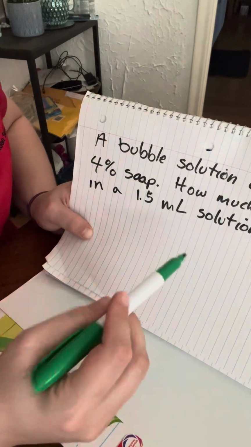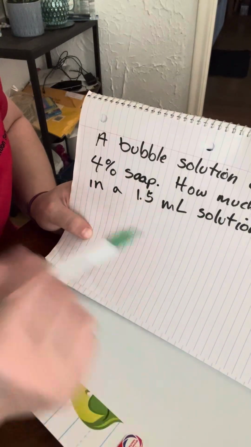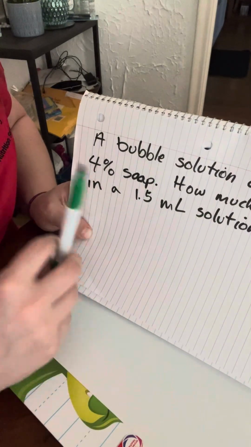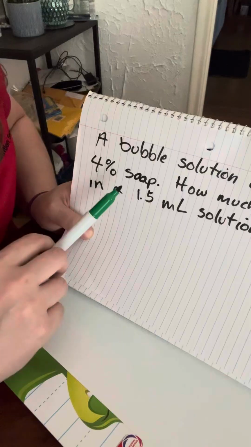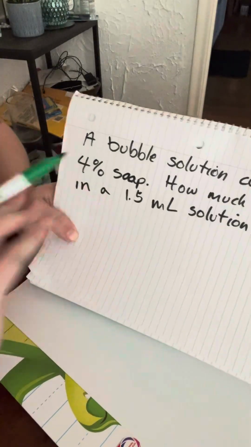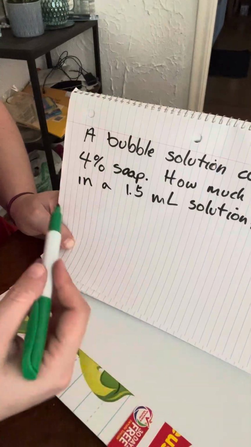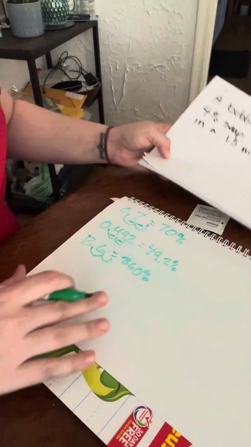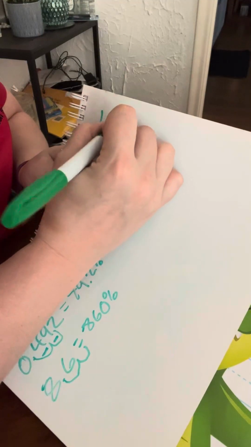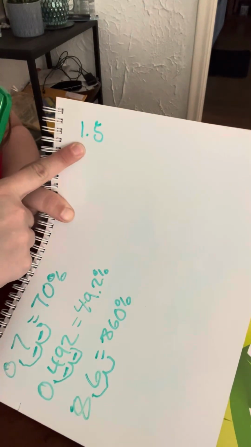Okay, so then the last example is going to be a bubble solution contains 4% soap. How much soap is in a 1.5 milliliter solution? And this is a good one to do just because it's a word problem, but it's pretty simple. So first thing we want to do is, what do we know? Well, we know that we have a 1.5 milliliter solution.